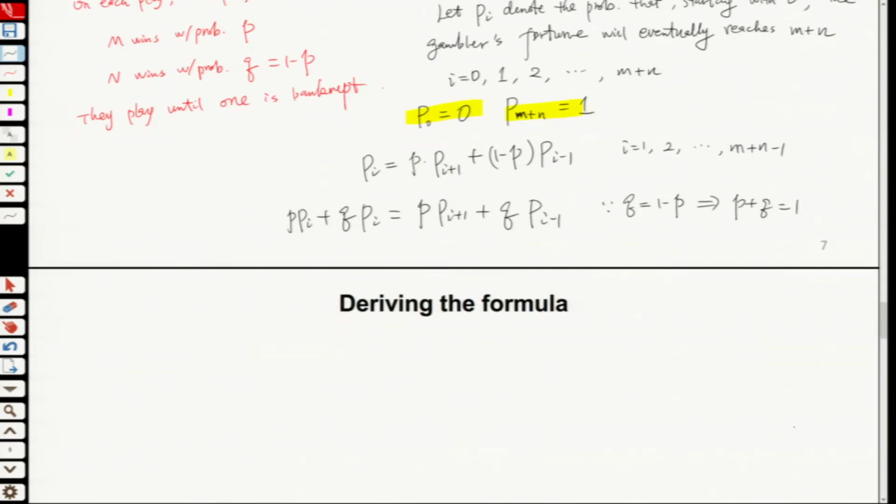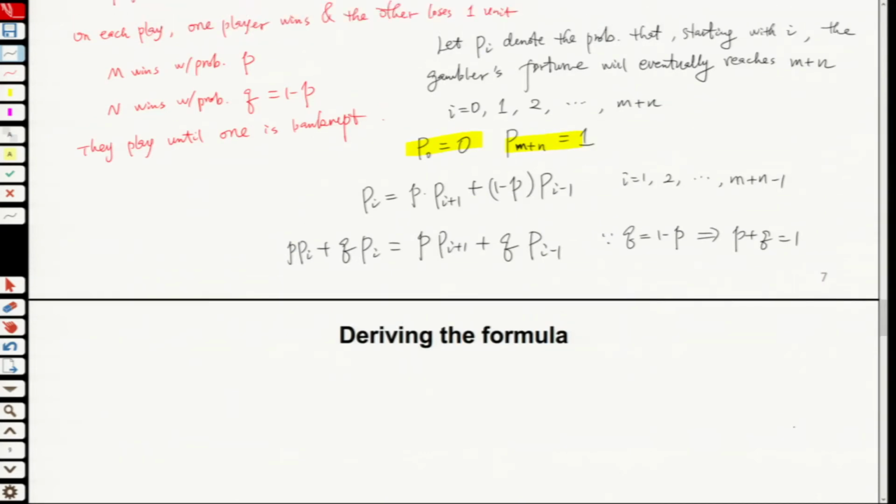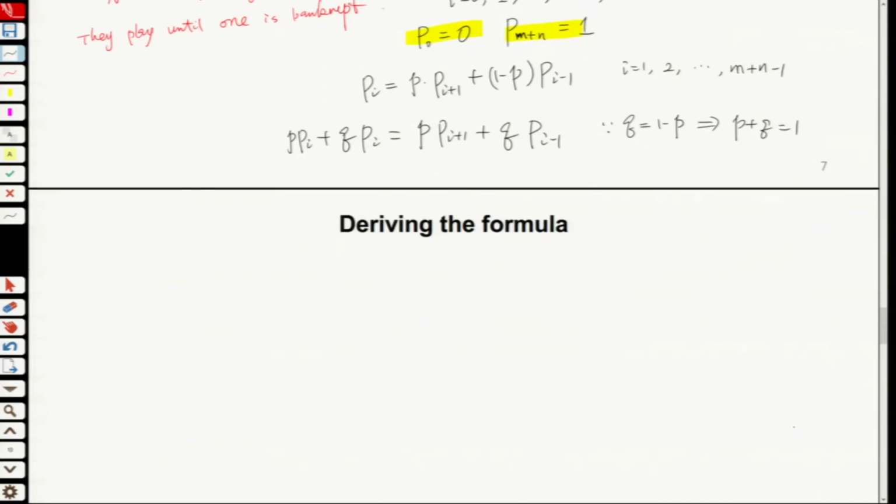Now let's derive this one. So let's move this to this side, and P together, Q together. Then this equation will become Pi plus 1 minus Pi equals Q over P times Pi minus Pi minus 1.